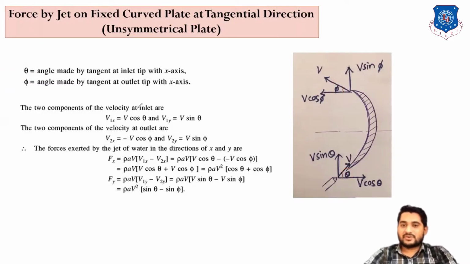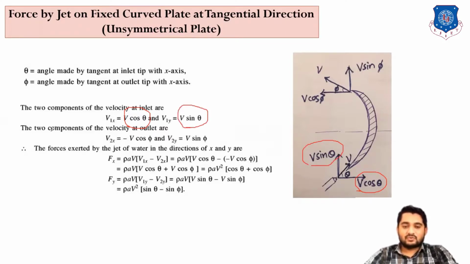From the two components, let us first of all find v1x, v1y, v2x, v2y. It will be used later on. First, v1x, the x direction component before striking, that means v cos theta. Then v1y, the y direction component before striking, is v sin theta.